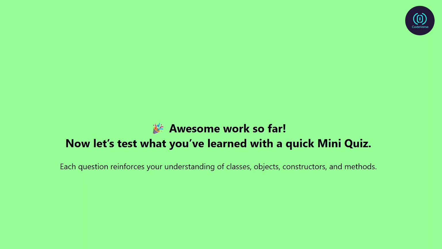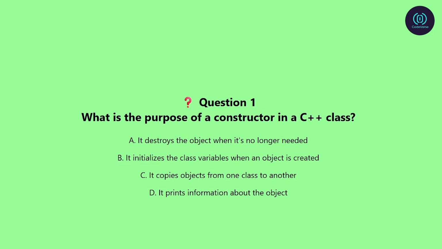Awesome work so far. Now let's test what you've learned with a quick mini-quiz. Each question is a chance to reinforce your understanding of classes, objects, constructors, and methods. Question 1. What is the purpose of a constructor in a C++ class? A. It destroys the object when it's no longer needed.